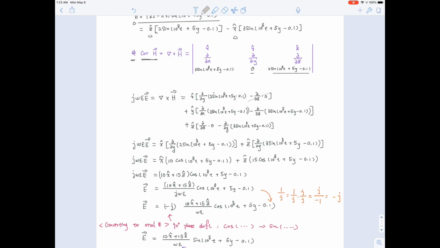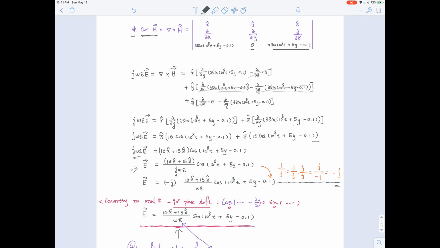This term doesn't even have an x in it, so we can just ignore it. And this term doesn't have a z in it, so we can also ignore it. The derivative comes out to be 0. After simplifying, these are the two terms that we have left, and we can take the derivative with respect to y on both terms, and this is what we get.